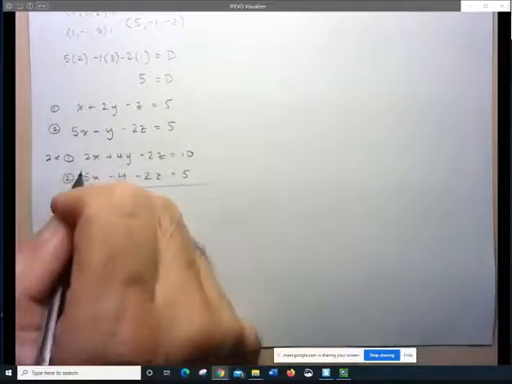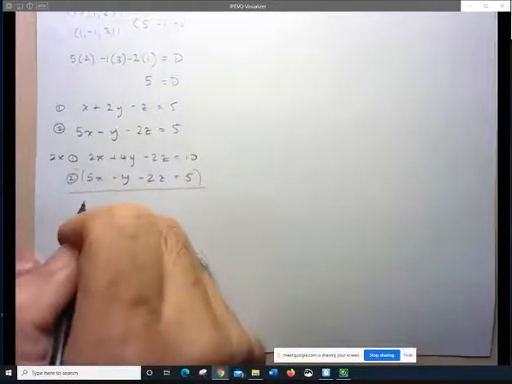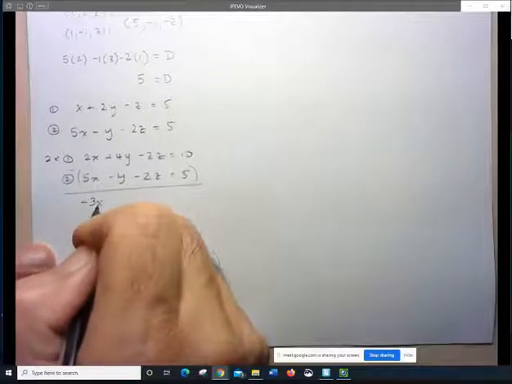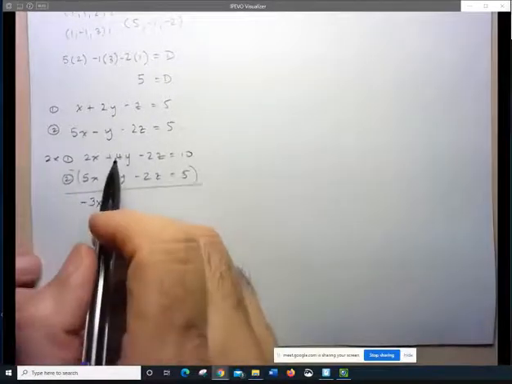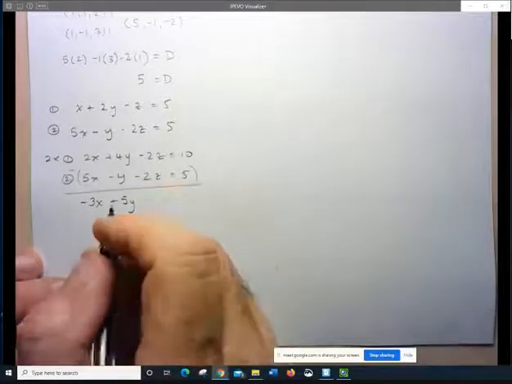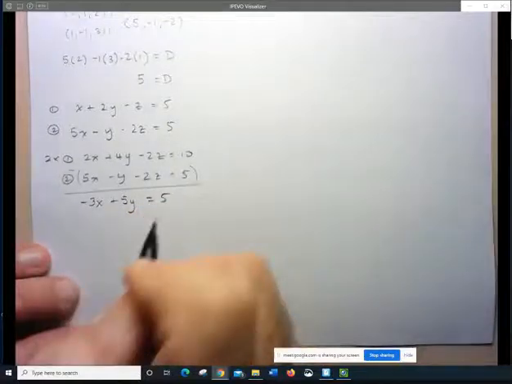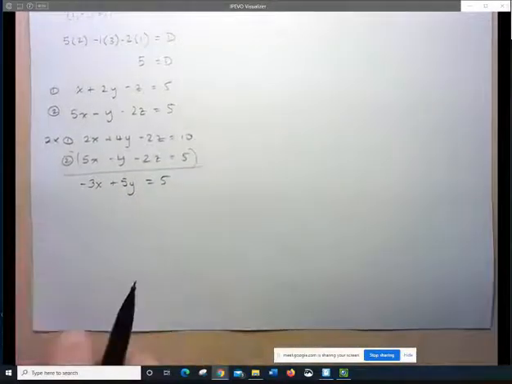And I'm going to subtract these. 2 minus 5, negative 3x. 4 plus 1 is 5, plus 5y. The z terms cancel out. 10 minus 5 is 5. And I'm left with an equation in x and y.